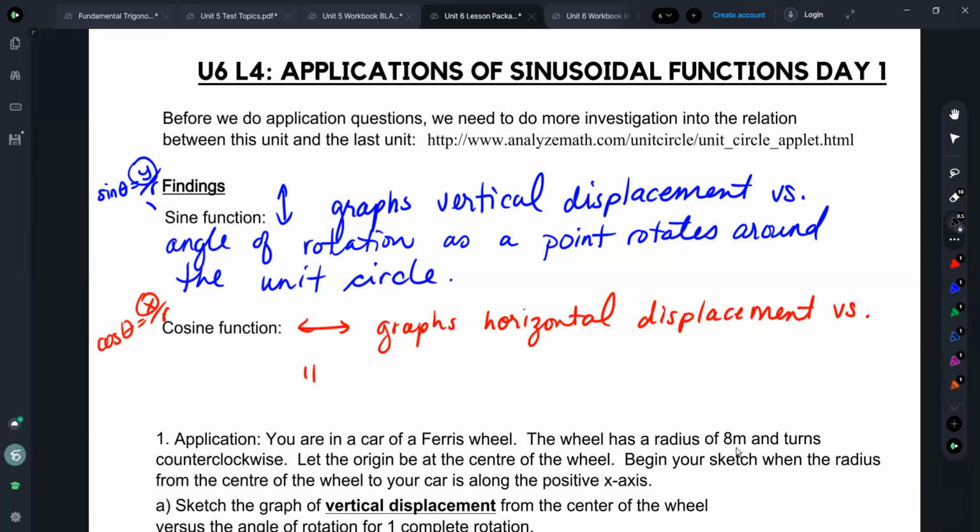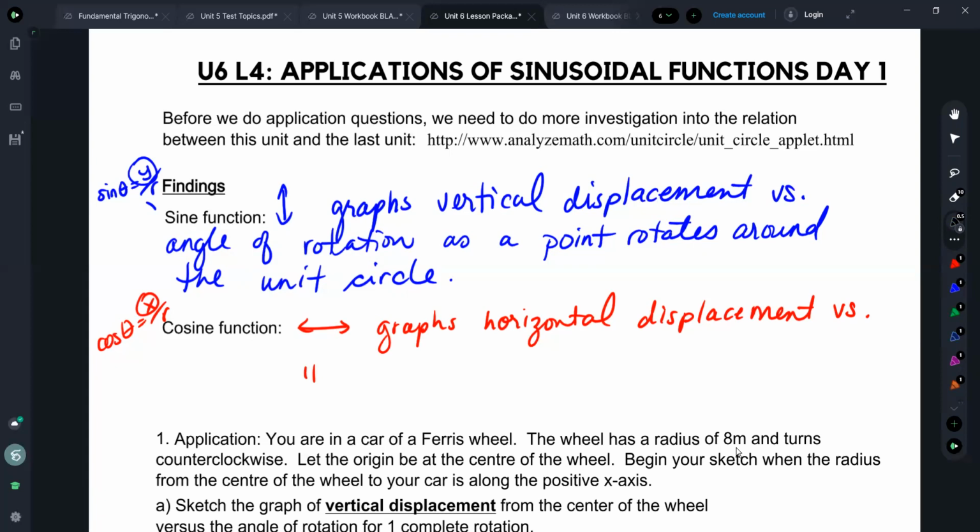Carousels. Can anyone think of any other circular objects that have something going around at a constant rate? A wheel? Okay, the wheel of a car could work. Yep. Anything else? Clock? It would have to be moving though.